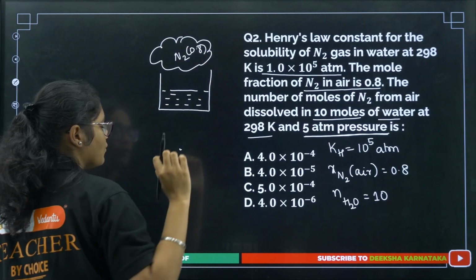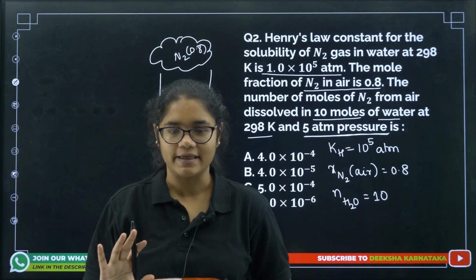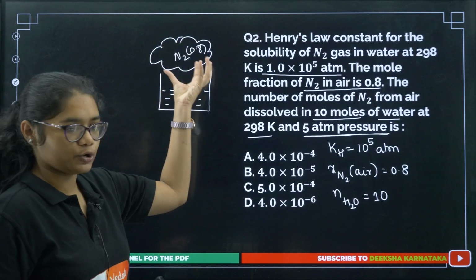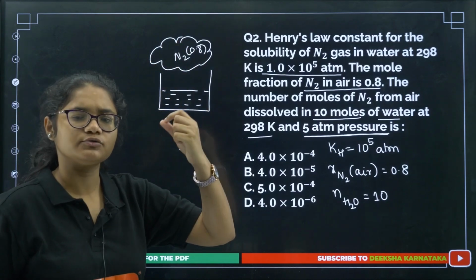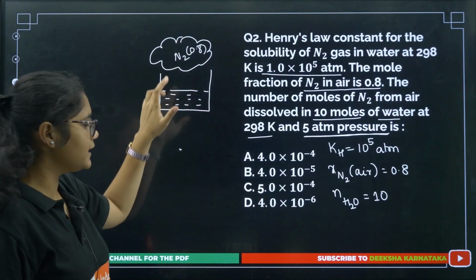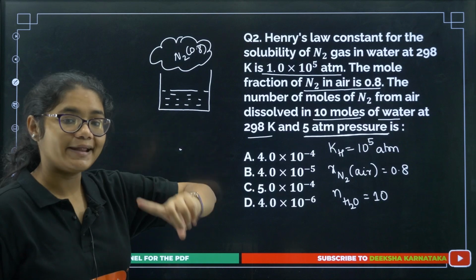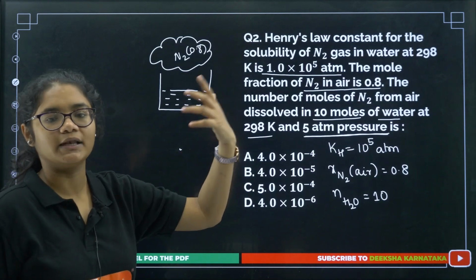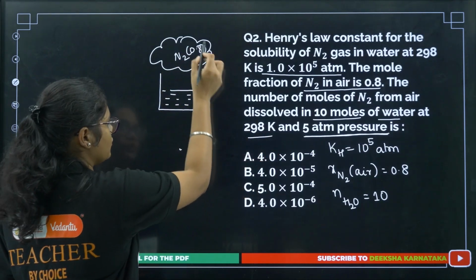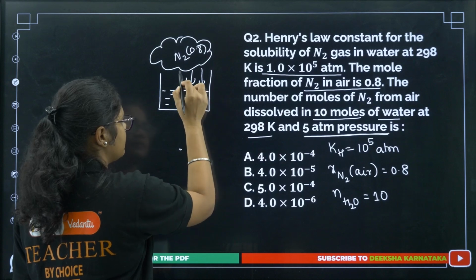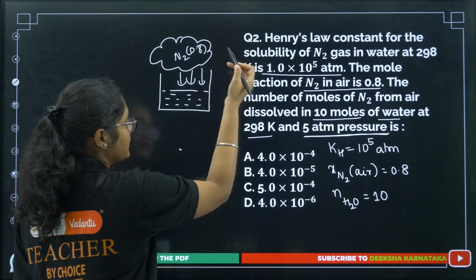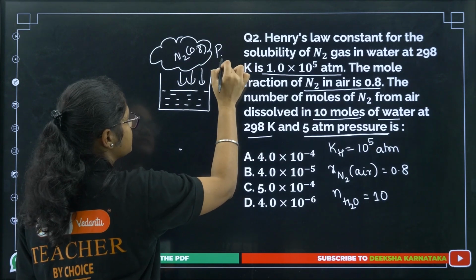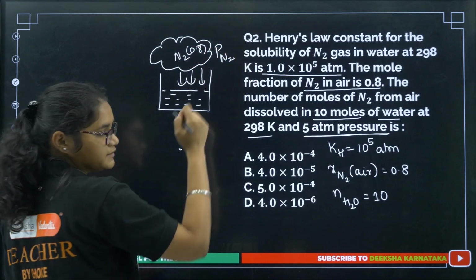Now what Henry's law says is that the moles or the solubility of a gas in a liquid depends upon its partial pressure. Means how much N2 will be soluble in this liquid depends on the partial pressure of N2 above the solution.